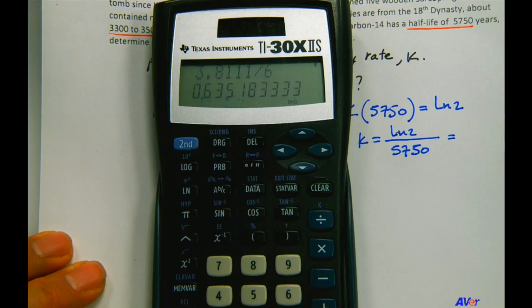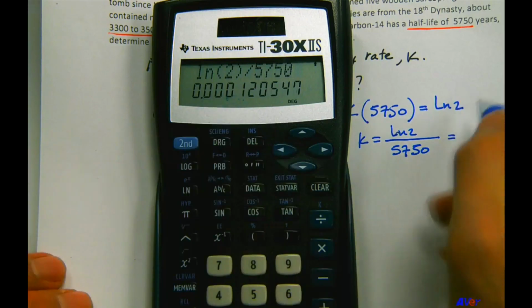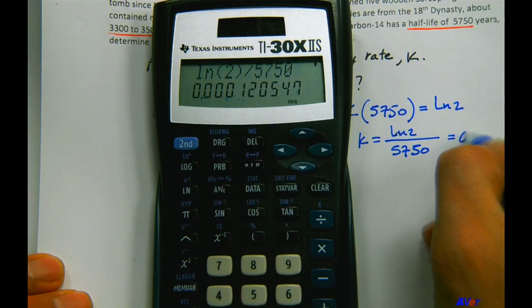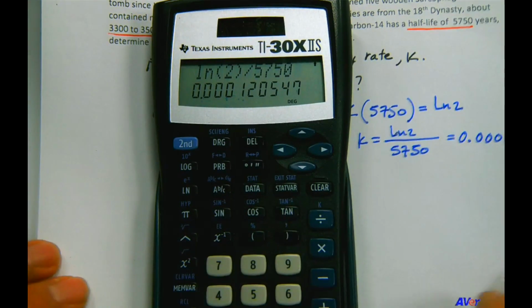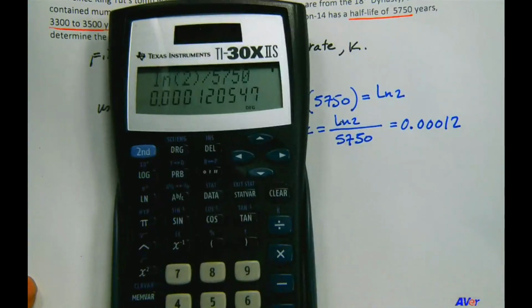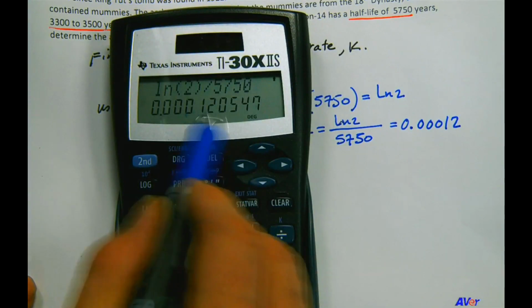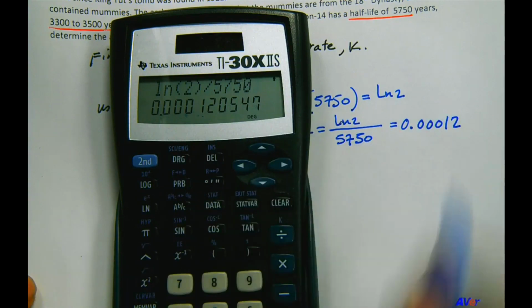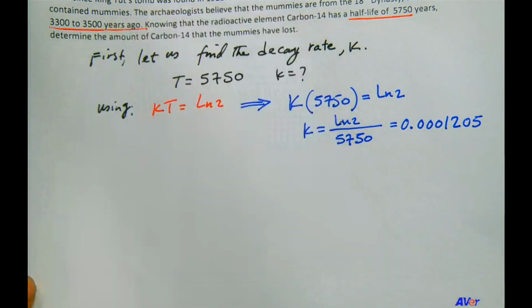Okay, so we have natural log of 2 divided by 5,750. That is 0.00012. Oops, let me bring this on the screen. I want to keep at least up to 5, so 1, 2, 0, 5. I'm going to stop there. Okay. So that's the K.